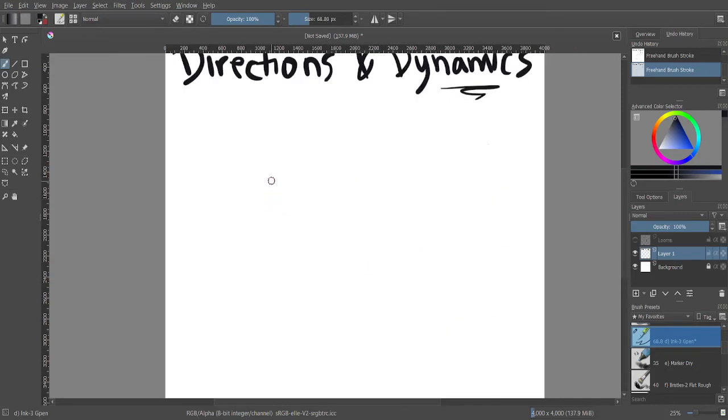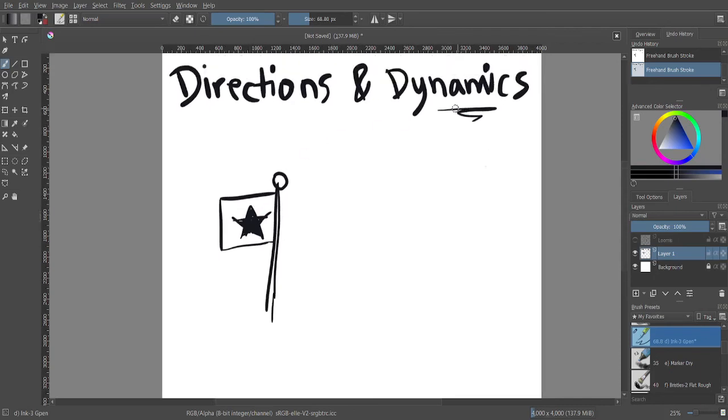Here's a good example. Let's say we're drawing a flag. Okay? Here's the pole. So this is just a normal flag. I'm pretty sure we've all drawn flags like this. Let's say there's a star in here. Right now, this is a good looking flag, but it doesn't look dynamic. It doesn't feel like it's waving. It doesn't feel like it's moving.